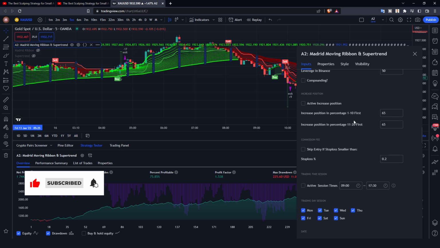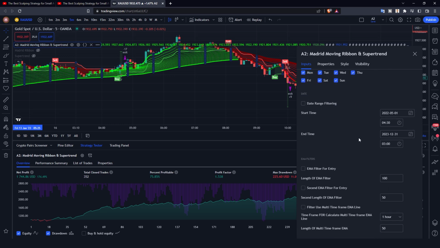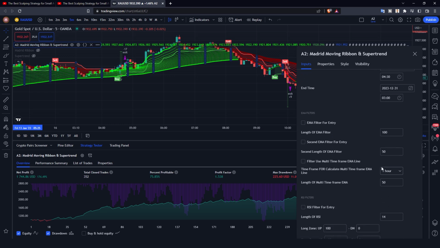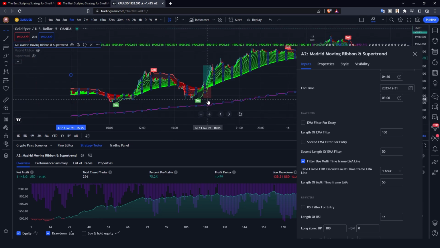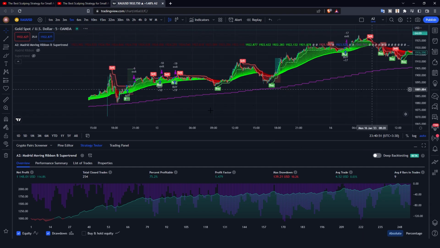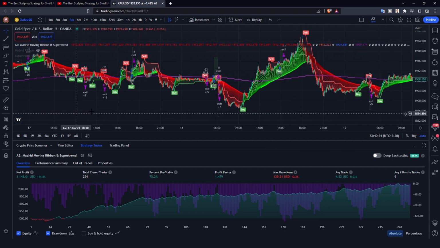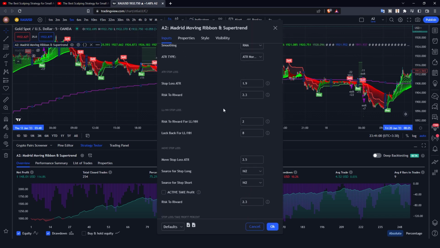We can increase positions. We can set different times, or we can choose dates. We can filter according to dates, and we can add different EMAs to the trade. For example, as a filter, I can use a 1 hour 50 EMA filter, and you see the EMA appears here, and only above this EMA does it enter long positions, and it doesn't take sell positions, and the opposite of that, below the line it takes short positions.